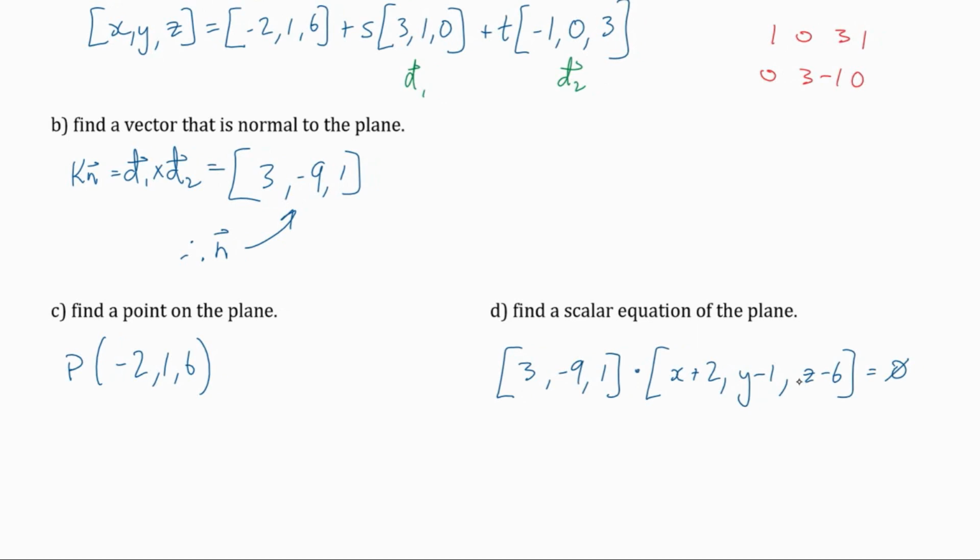Okay, and so that ends up being 3x plus 6. When I'm dotting it, it's not quite the distributive property, but something like that, right? Minus 9y plus 9 plus z minus 6 has to be equal to 0, and that means 3x minus 9y plus z, which was our normal, right?